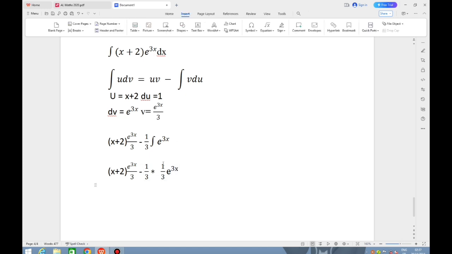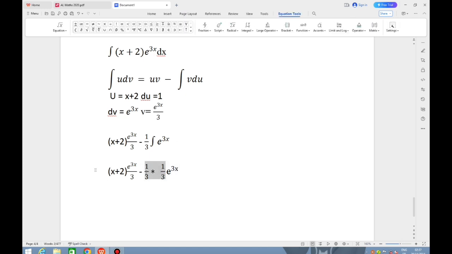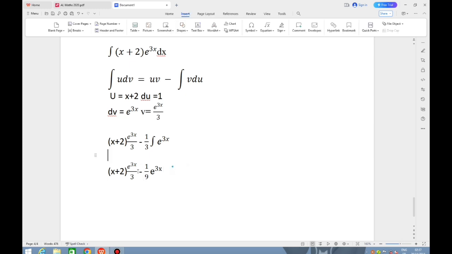So 1/3 e to the 3x times 1/3 e to the 3x is simply 1 on 9 e to the 3x. So let's put it here, 1 on 9 e to the 3x, and that is the integral of the equation.